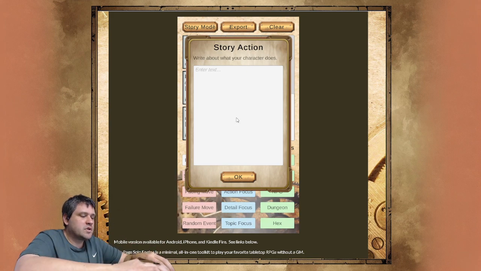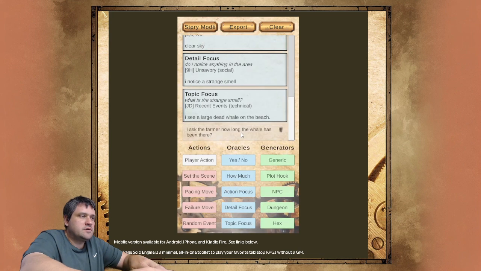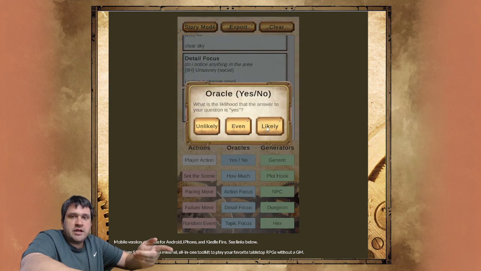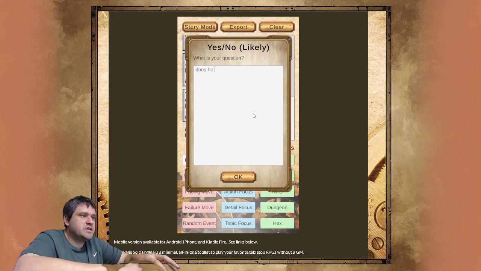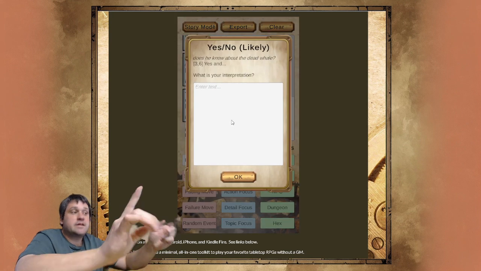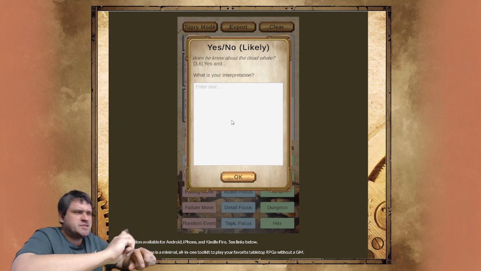So I asked the farmer how long the whale has been there. Now, does he know about the whale? I'm going to say he does. So we do a yes or no question. It's likely he knows about the whale. Does he know about the dead whale? He does. And, okay, so yes, and he dreads it.